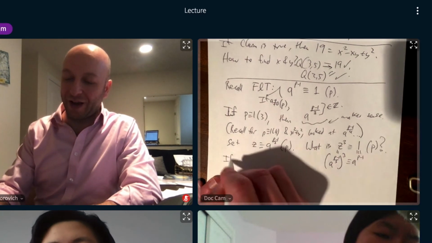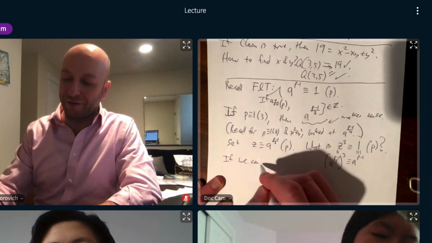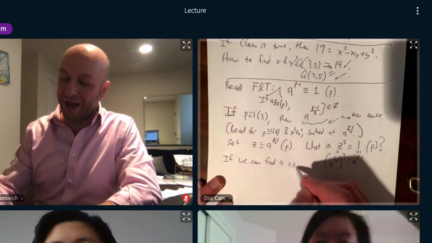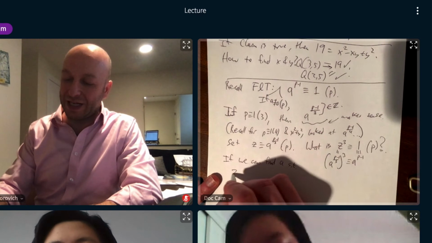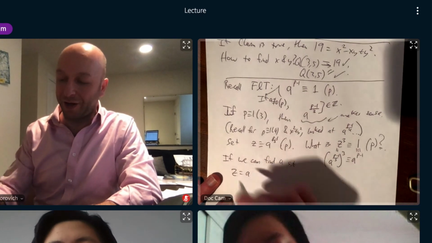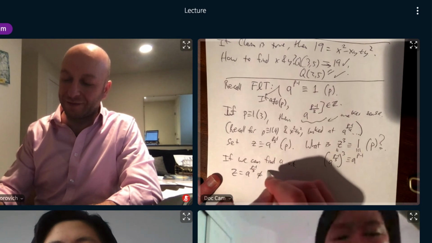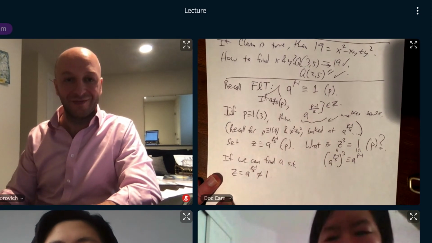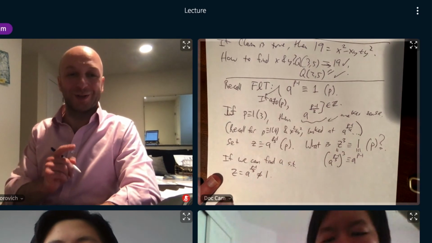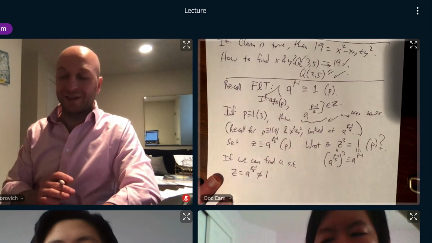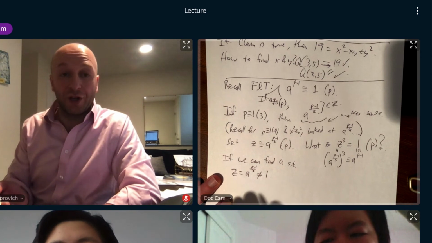If we can find an a such that z equals a to the p minus 1 over 3 is not itself 1... So Dipendra's question is, how do we know z could not be 1 itself?